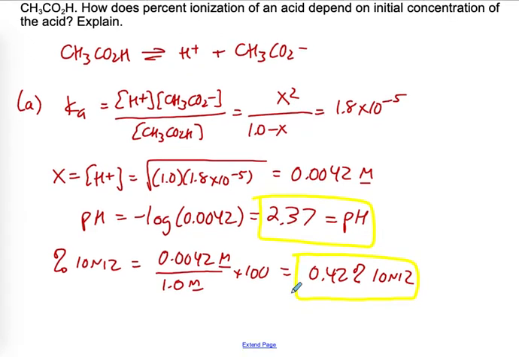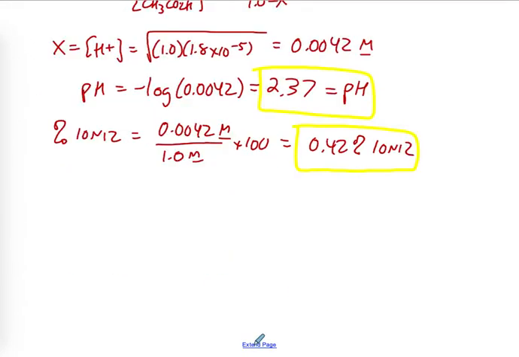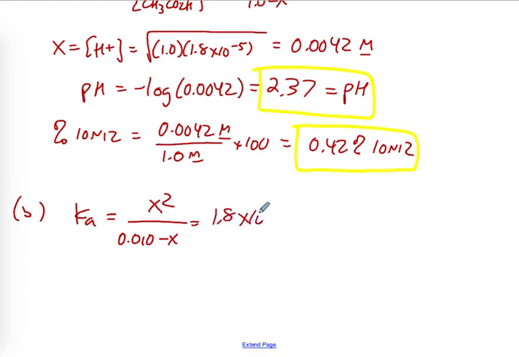Now, let's compare this to a solution of acetic acid that is diluted by a factor of 10. Well, I'm going to skip over a lot of stuff because it's basically the same thing. X squared over 0.010 minus x equals 1.8 times 10 to the negative fifth. Again, I'll make the simplifying approximation, which should be valid, but we'll see.